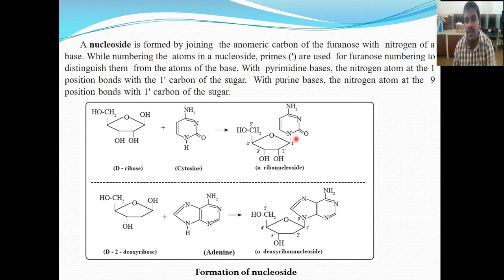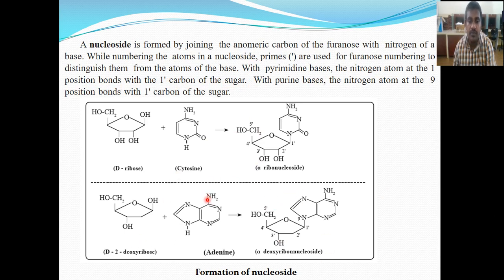Here this nitrogen base is joined at the first prime carbon atom of the pentose sugar. So what about the purines?